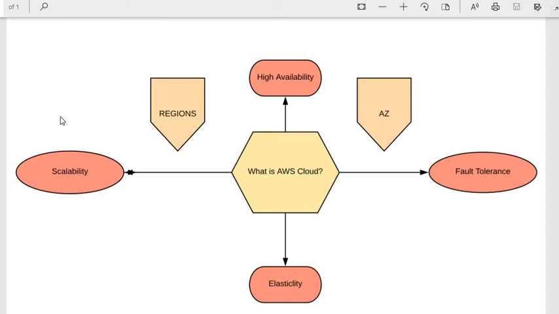So these are the core ingredients of having services deployed on AWS Cloud, and these are the main features that your services will have. It is achieved through a combination of regions and availability zones that ultimately supports the highly available architecture and promotes redundancy, and that ultimately helps achieve fault tolerance.